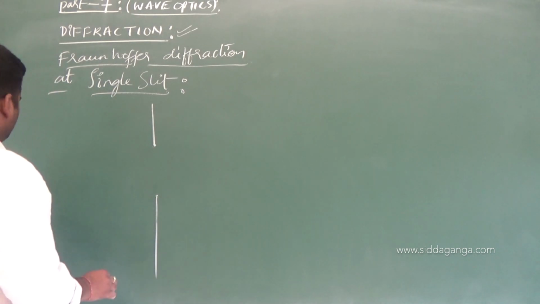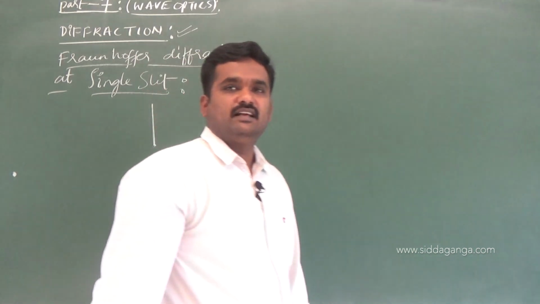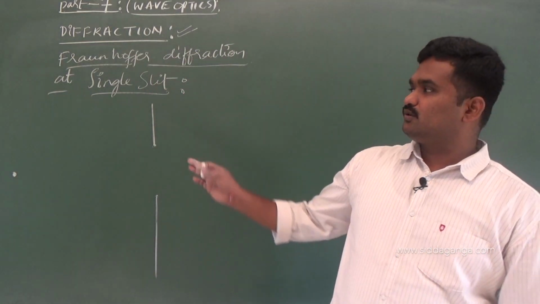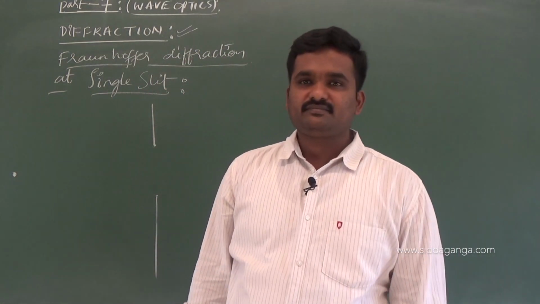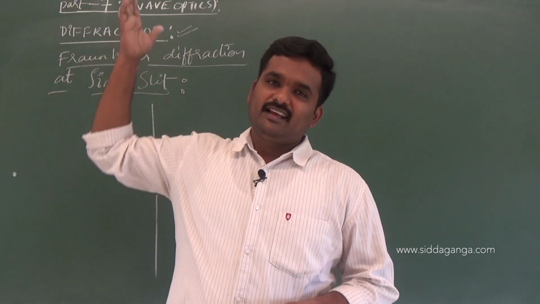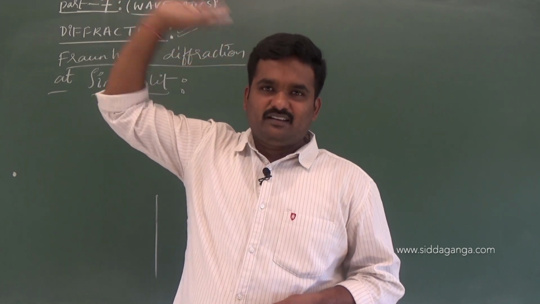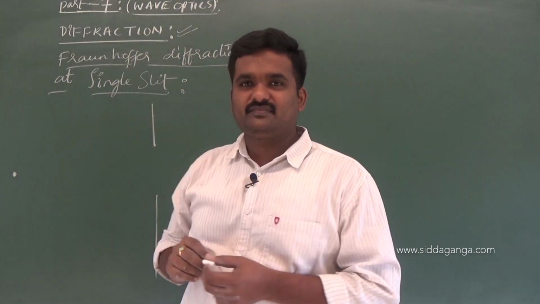Now somewhere I am going to have the source. Where do we need to place the source for Fraunhofer diffraction? The source should be at infinite distance. If I keep a torchlight at infinite distance, meaning somewhere at a very large distance, can you analyze that? Not possible.